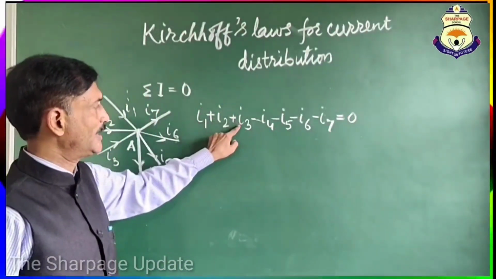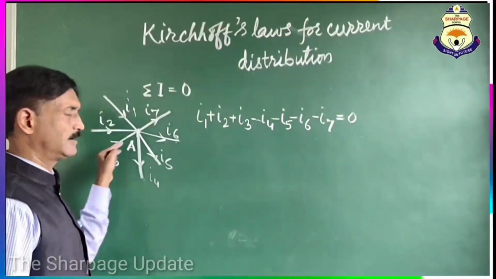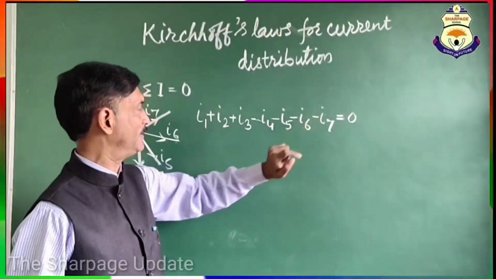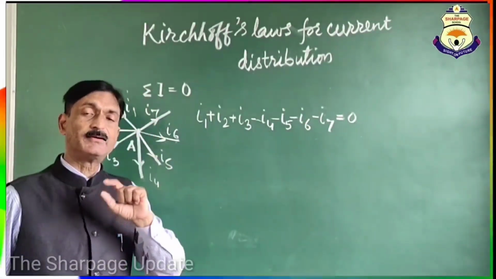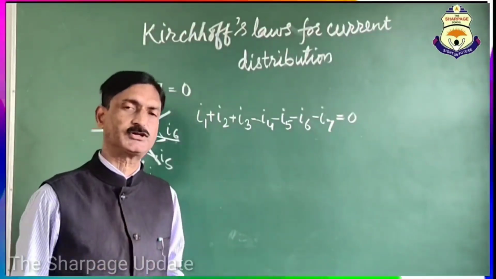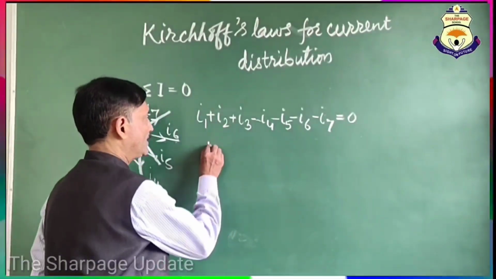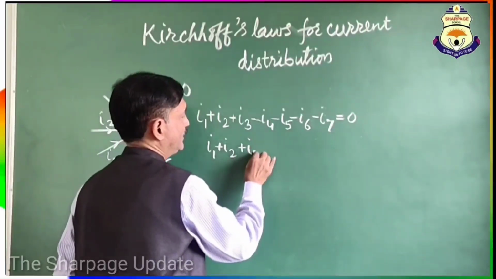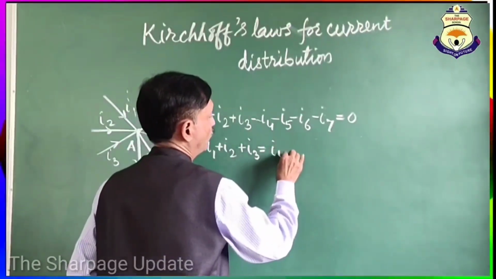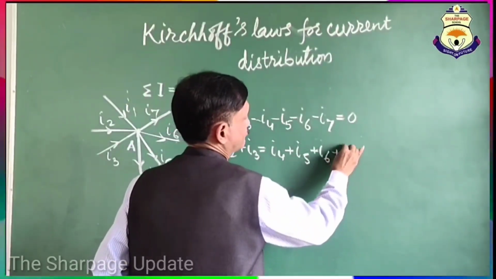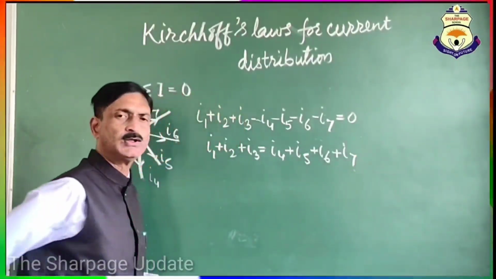I1, I2 and I3 are positive because they are incoming currents, and I4, I5, I6, I7 are negative because they are outgoing currents. In other words, we can write I1 plus I2 plus I3 equals I4 plus I5 plus I6 plus I7.